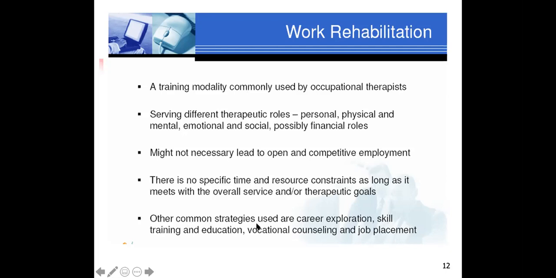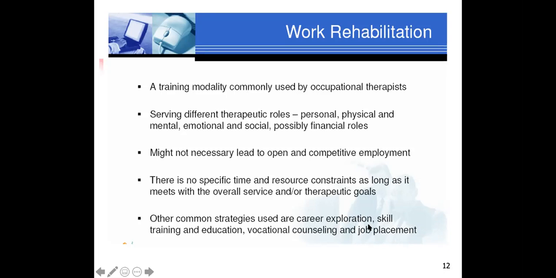Other common strategies used are career exploration, skill training and education, vocational counseling, and job placement. Some of the injured workers or workers with disease are unable to return to their former employment, so they need career exploration.